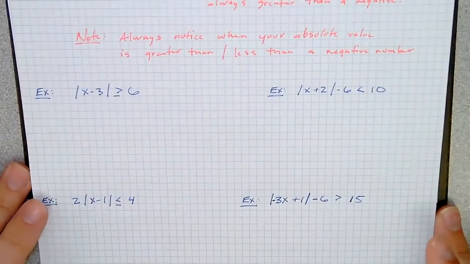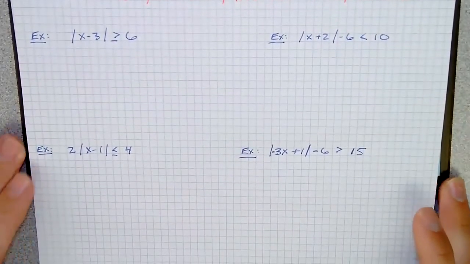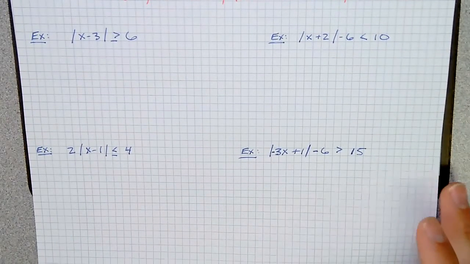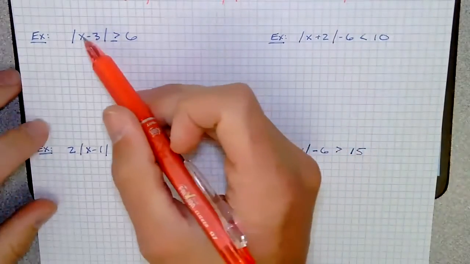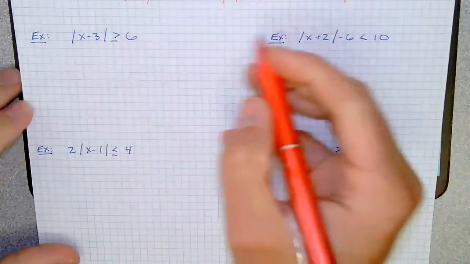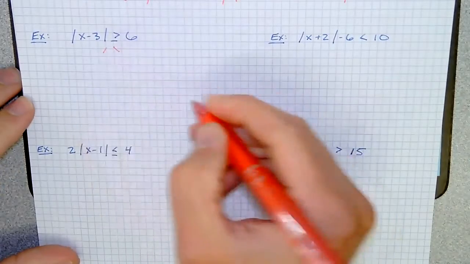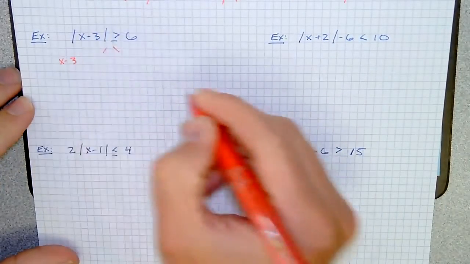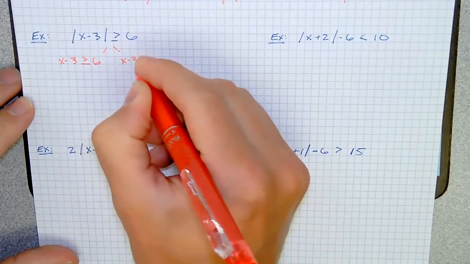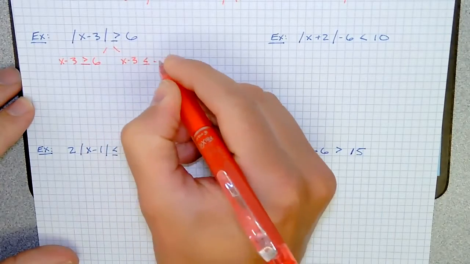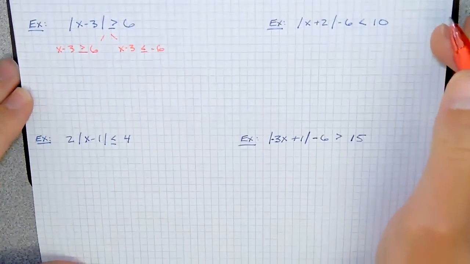All right, let's have you guys try these on your own here for a few minutes. All right, so just kind of going through these. First one, we got the absolute value already on a side by itself. So we write our two inequalities. First one, like I said, keep the same. Second one, flip that sign and make your answer negative.